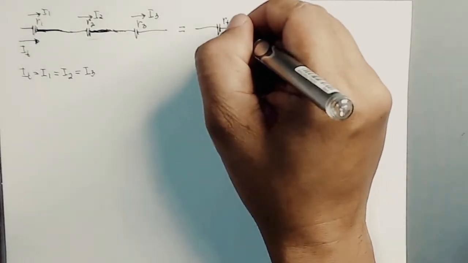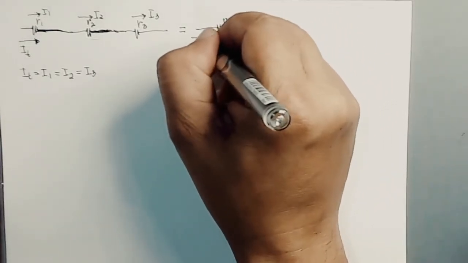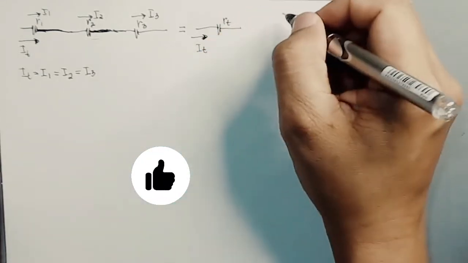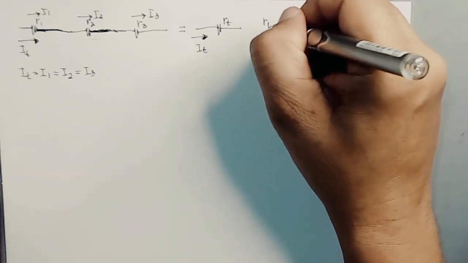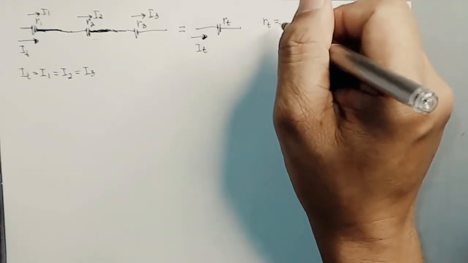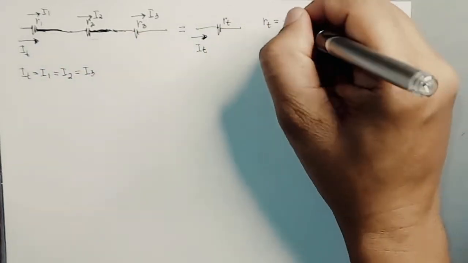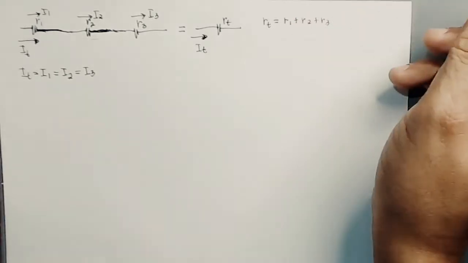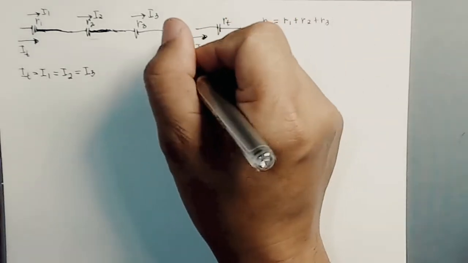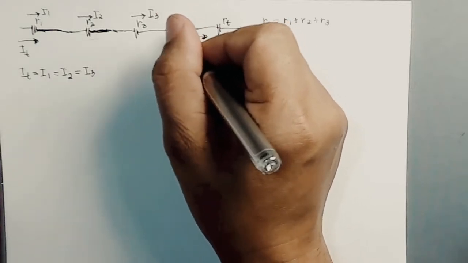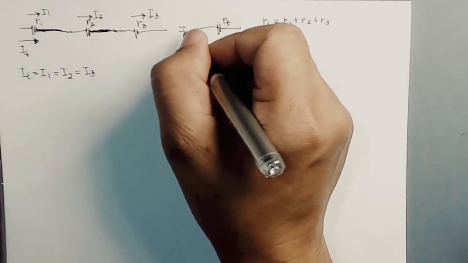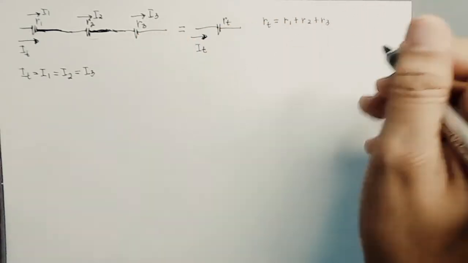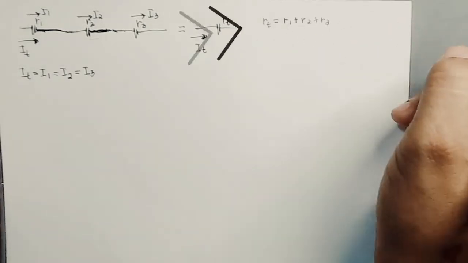Since this is total resistance, the current that is fed through this resistance is I sub T. And R sub T has a value of the addition of all of these resistances: R1 plus R2 plus R3. So if in case you add here another resistor which has a specific value, it will just be an addition to these resistances. Okay, so that will be the value for R T.